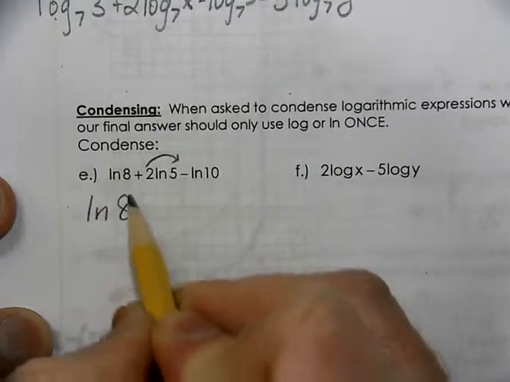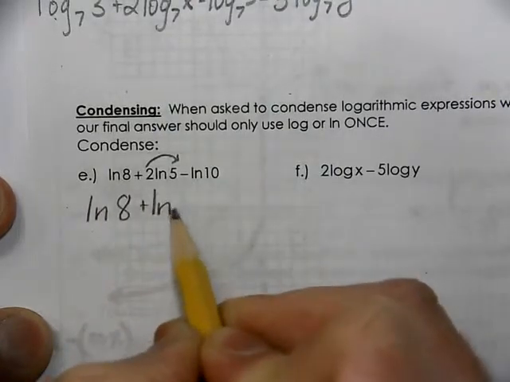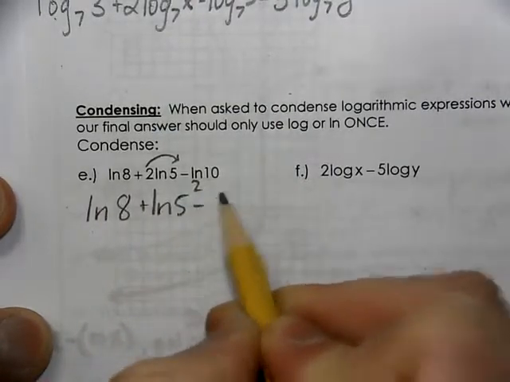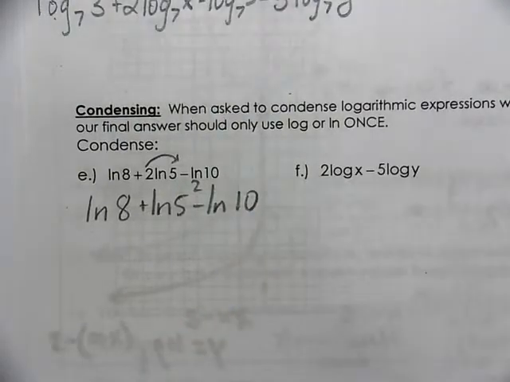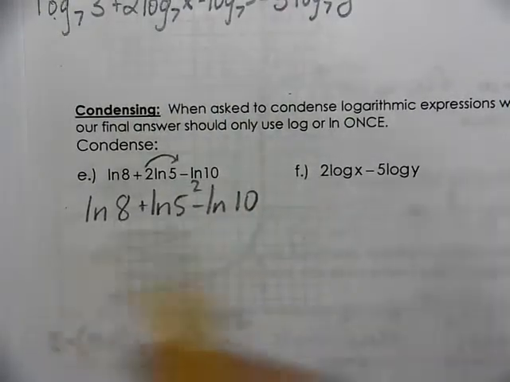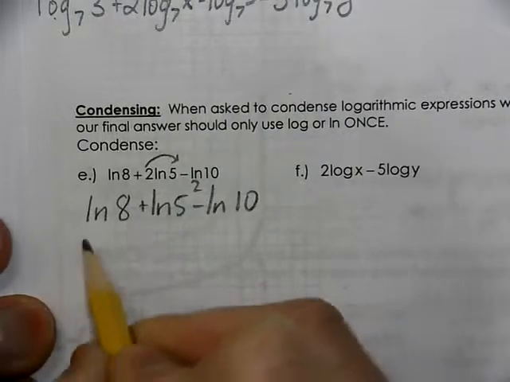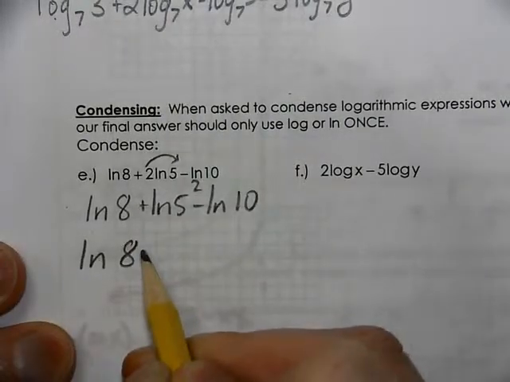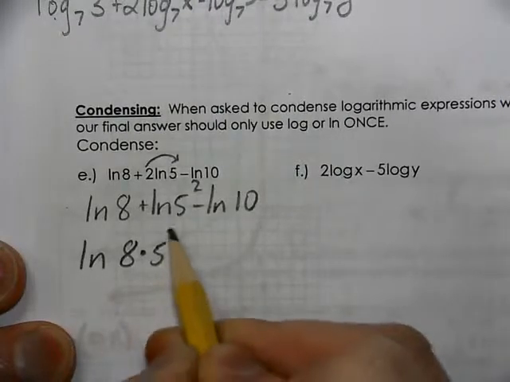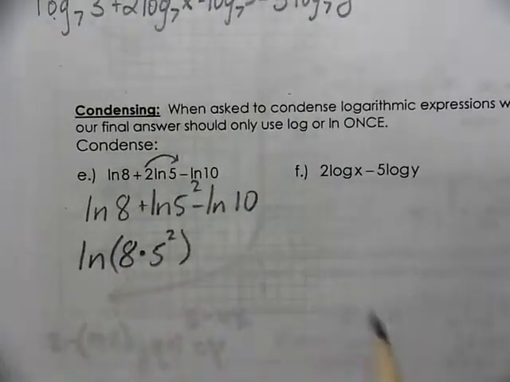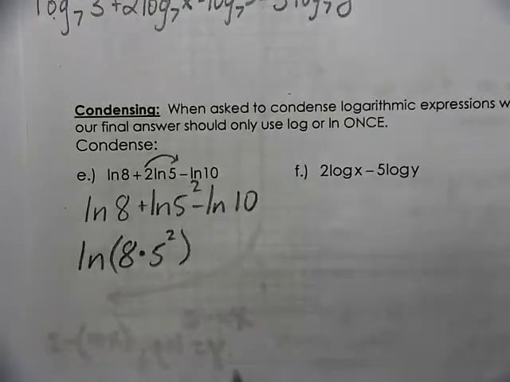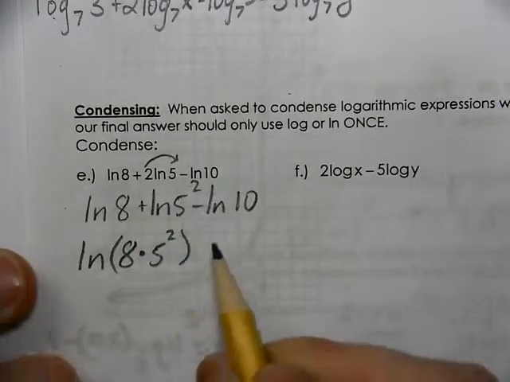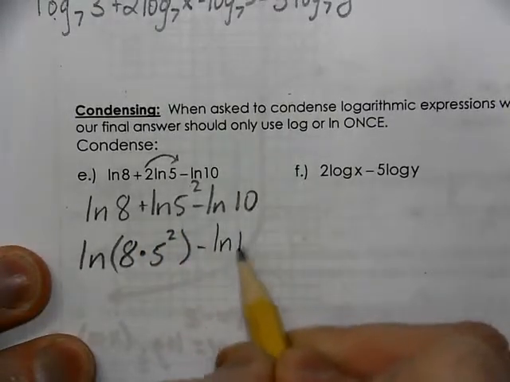So we have natural log of 8 plus the natural log of 5 squared minus the natural log of 10. We're going to work from left to right. So the natural log of 8, because it's a plus, we're going to multiply whatever this one is, taking the natural log of minus the natural log of 10.